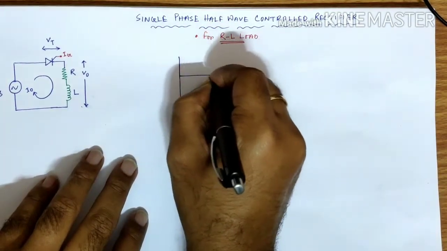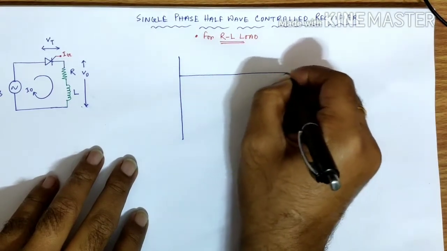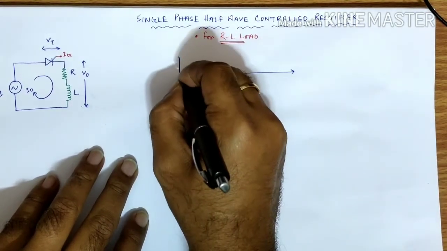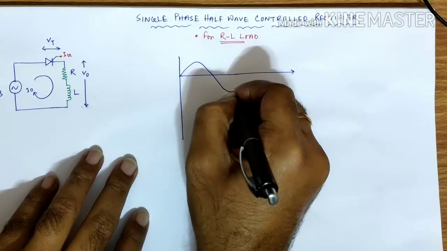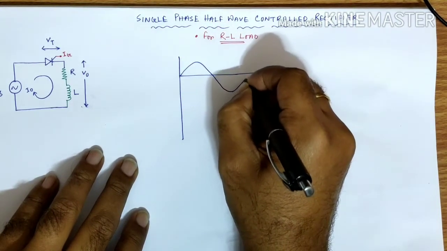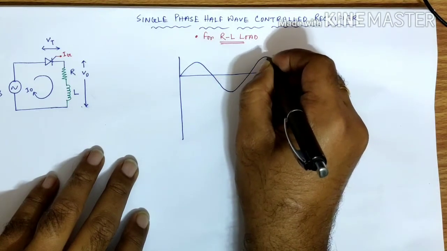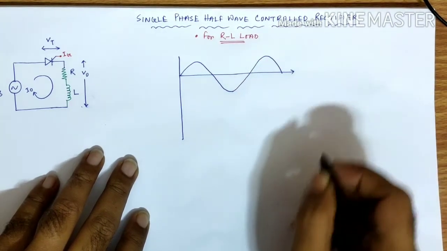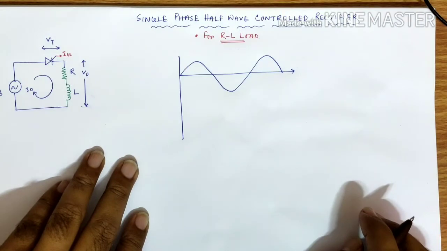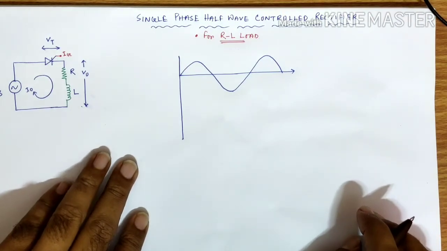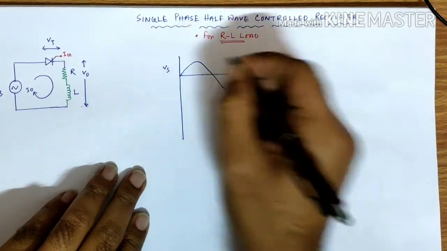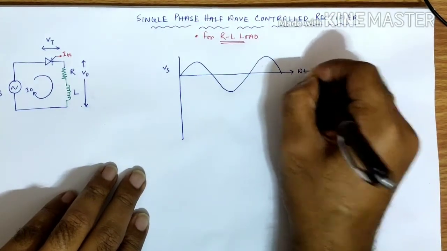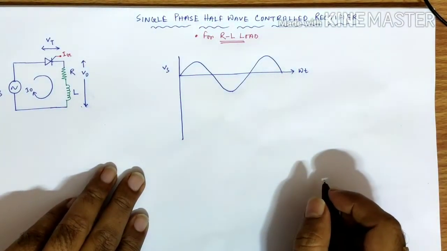Assume this is the waveform of Vs, because for our discussion we have taken Vs as a sinusoidal source. And here we have taken the axis as omega t.